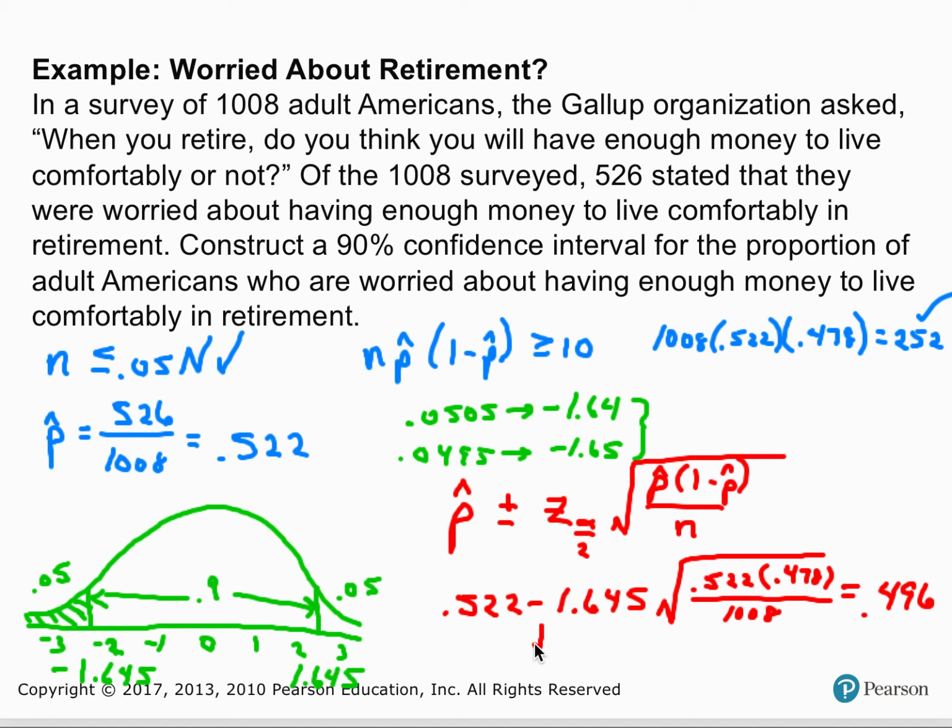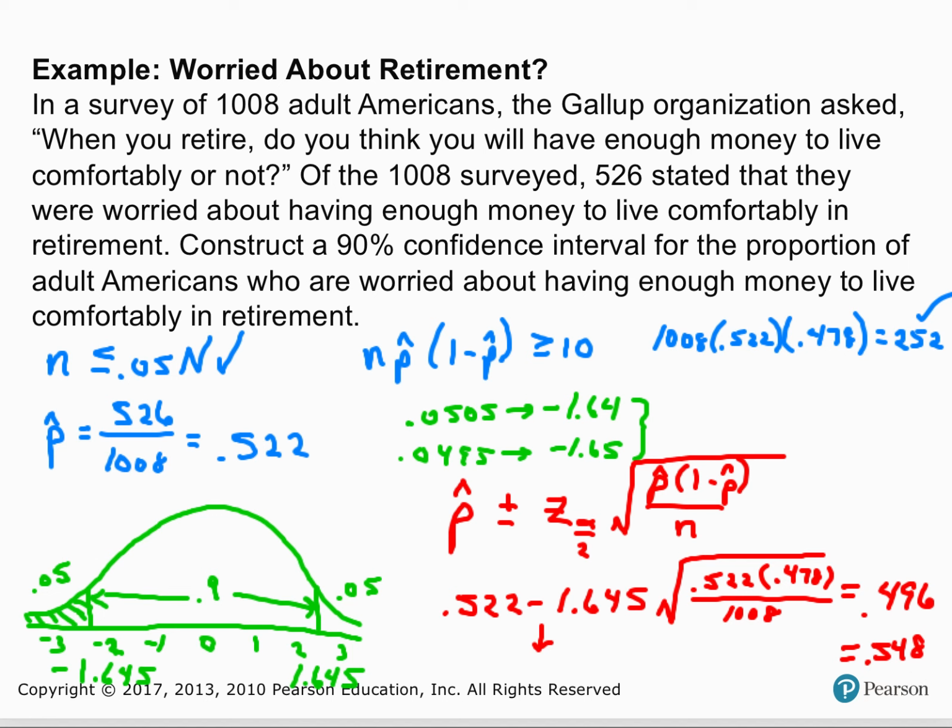And if I do it again and just change that to a plus, I get 0.548. So there's our lower bound or upper bound.